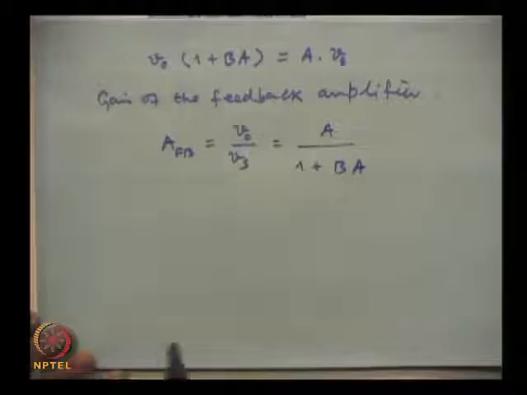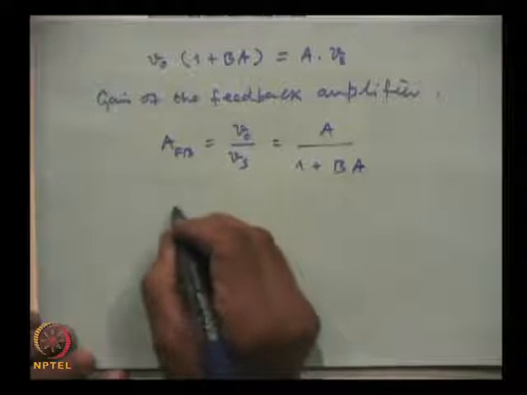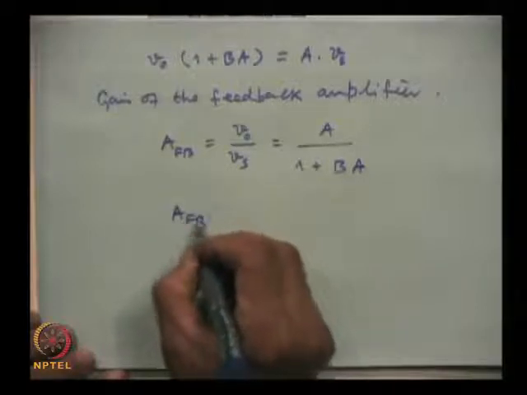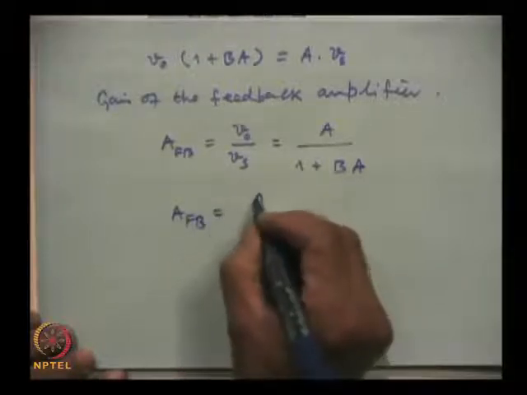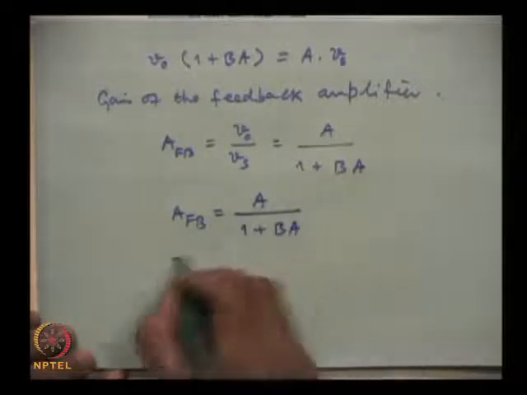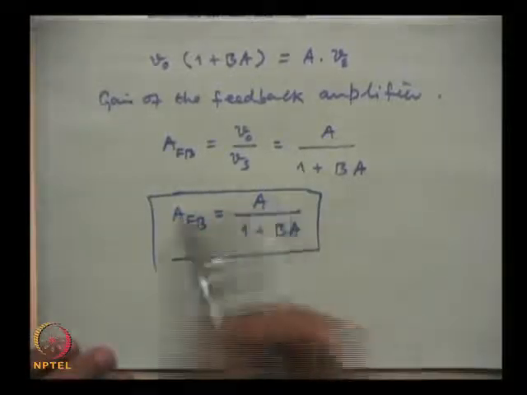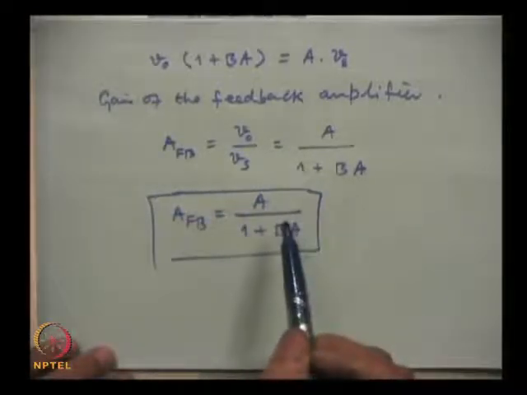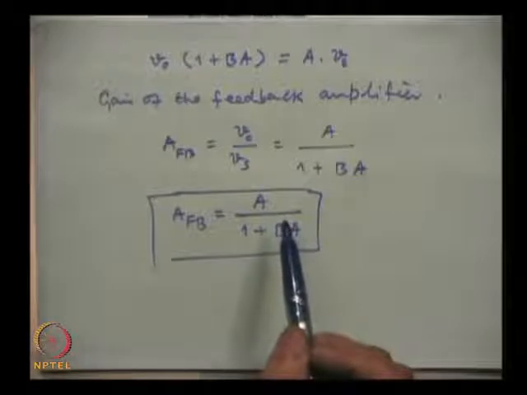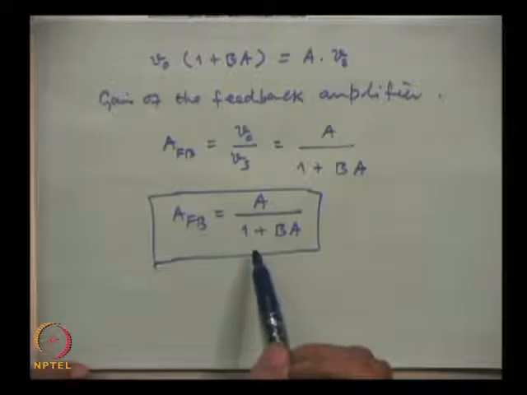This is the relation among various quantities of interest. So, this is the fundamental relation. Very important relation. Wherever a feedback analysis is used or feedback quantities are to be calculated, this relation will be used.